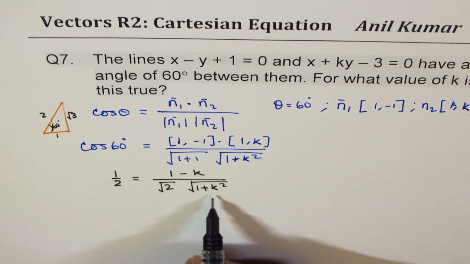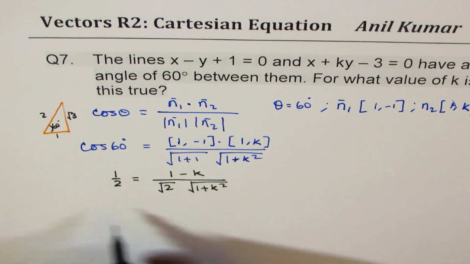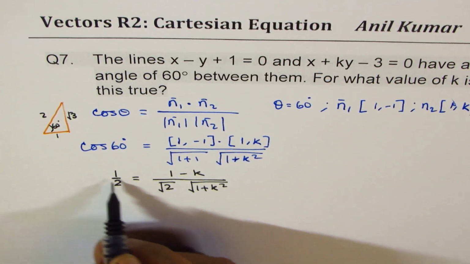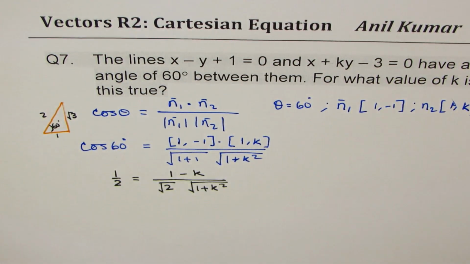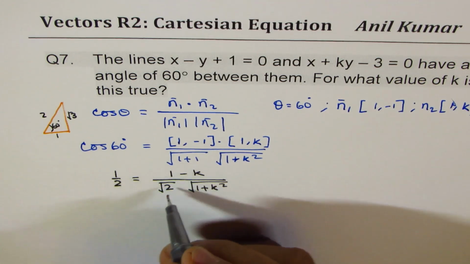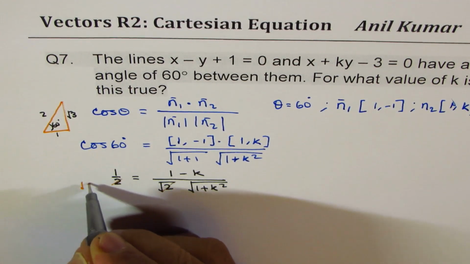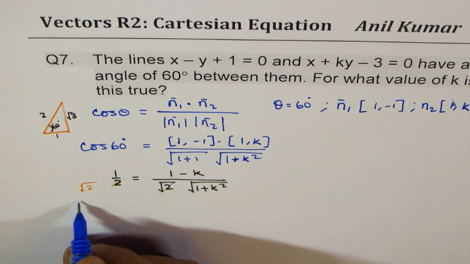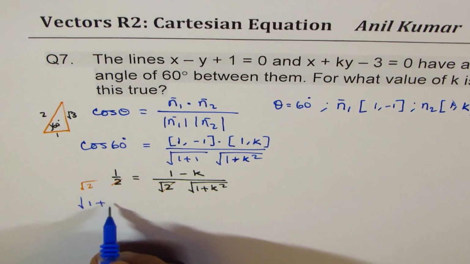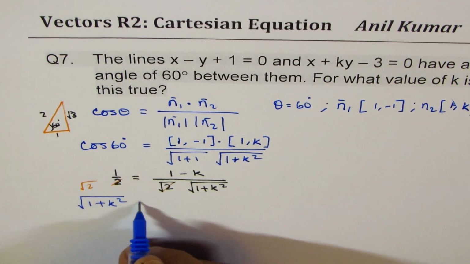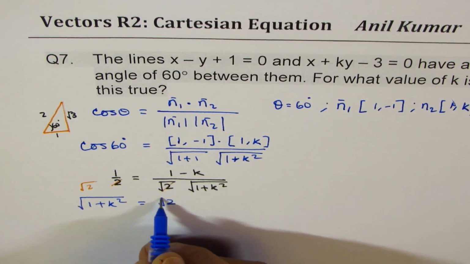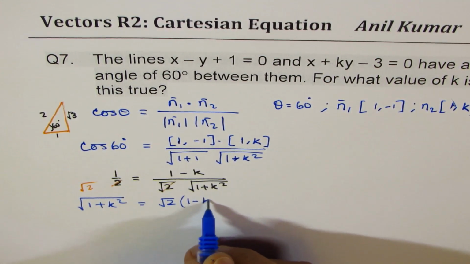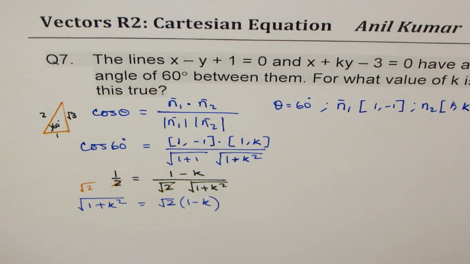Now we could cross multiply. Square root 2, you could actually cancel this also. Do you see that? It becomes simpler. So when you cross multiply, you get square root of 1 plus k squared equals square root 2 times (1 minus k). Does it make sense to you? Right?